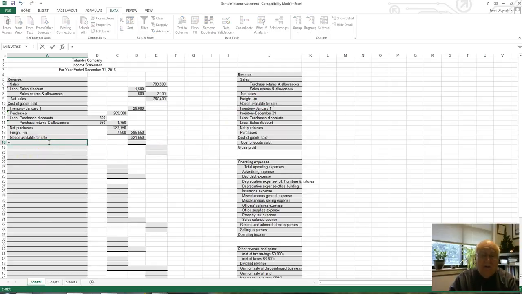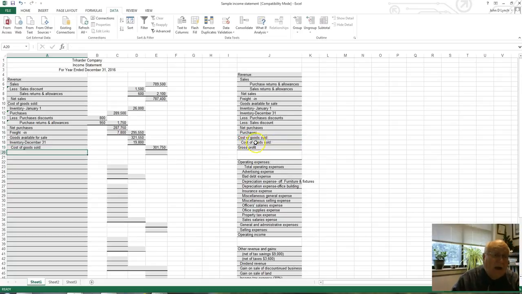Then we take off ending inventory, so inventory December 31st, which I made $19,800. We subtract that, so we take $321,550 minus the $19,800 to get $301,750, and this is my cost of goods sold.